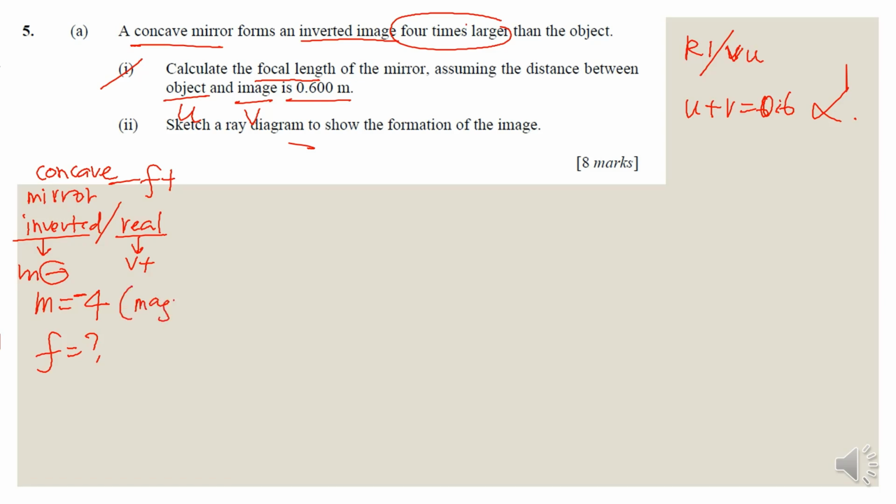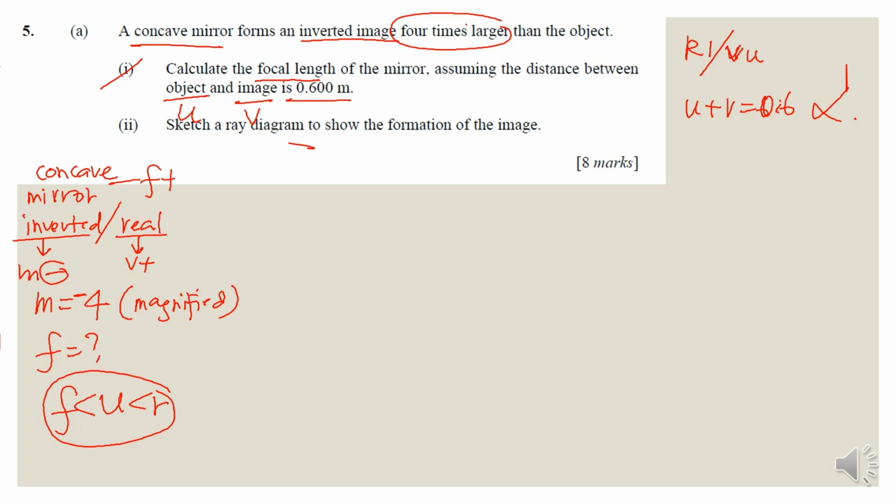Magnified maksudnya besar, hanya apabila U lebih kecil daripada R dan U lebih besar daripada F. Dia sahaja yang akan produce image magnified, real and inverted. Yang lain tak ada.